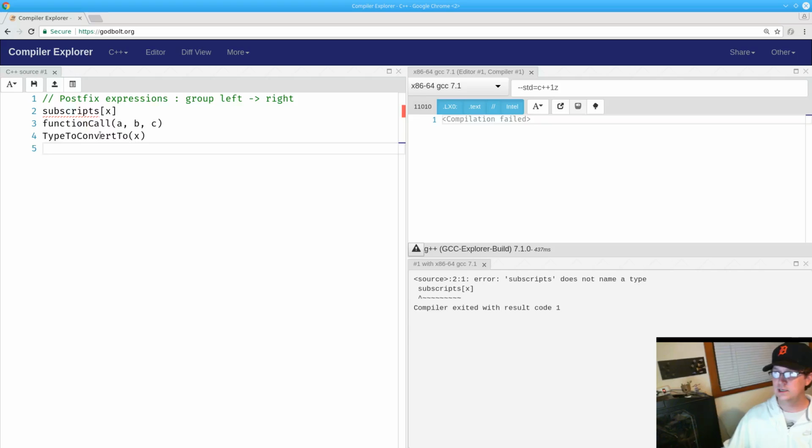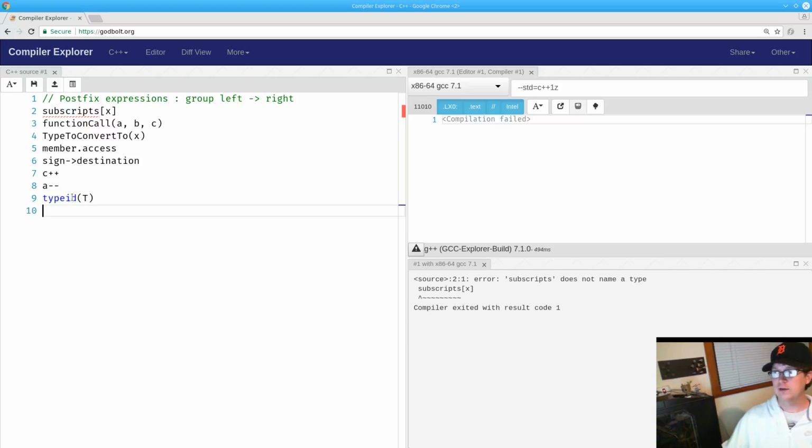In this case, I'm converting x to the type to convert to. It's the means by which you access the members of a variable, either through the dot operator if you have a non-pointer, or through the arrow operator if you have a pointer. The postfix increment and decrement operators are postfix expressions.